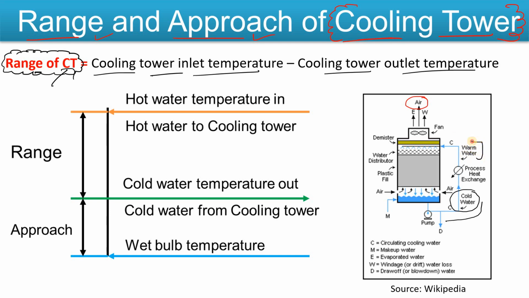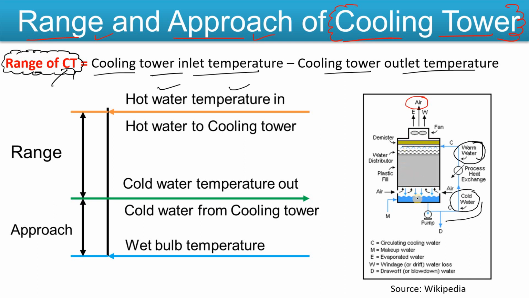So this hot water is going into the cooling tower, right? So when we say cooling tower inlet temperature, it means the hot water temperature. So hot water temperature minus cooling tower outlet temperature, that is your cold water temperature.